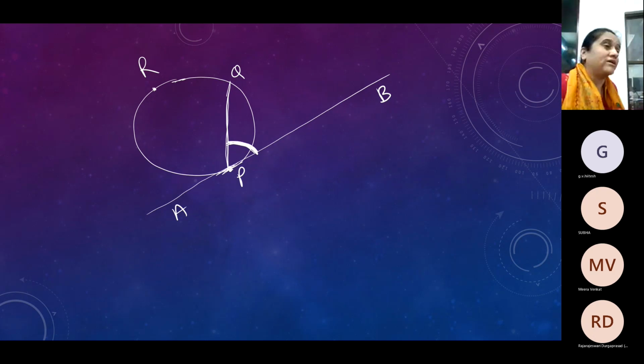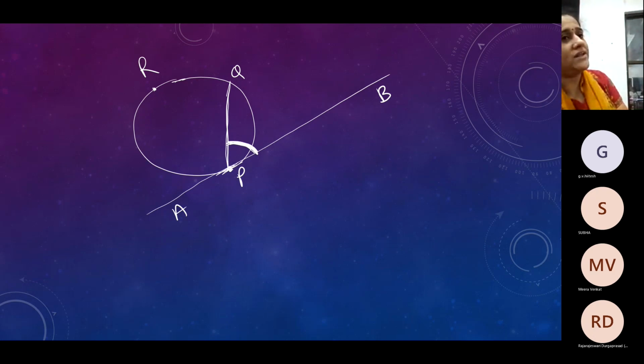Anywhere you can take on the circumference of the alternate segment. Mark a point R on the circumference of the alternate segment. Which is the alternate segment here? The major segment, because a part of the angle lies in the minor segment.